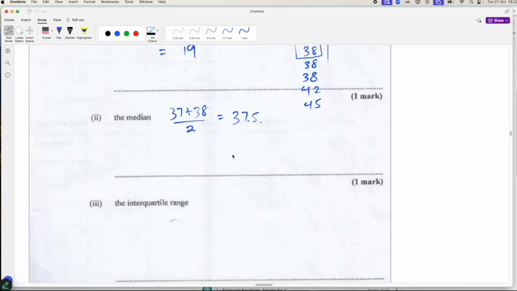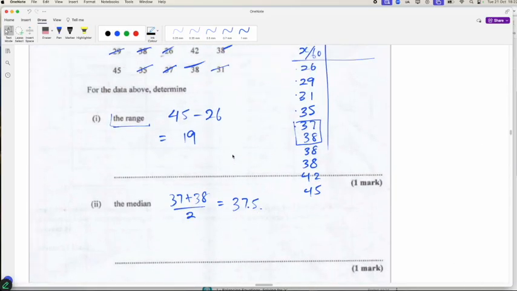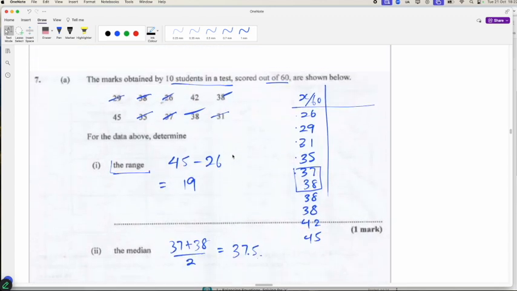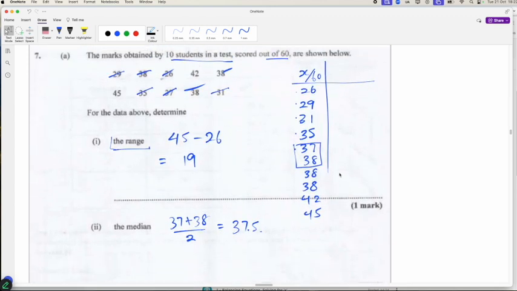The interquartile range. So look at that, it's a whole range question we have here. The interquartile range means we have to find Q1. If this is Q2, notice Q2 is here. And that splits this up into 2 odd numbers. So it's easy for me to find Q1.